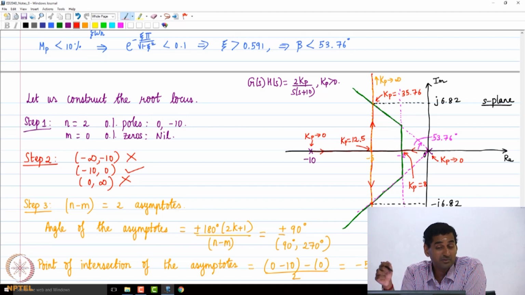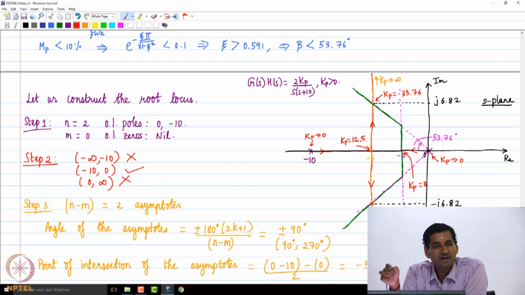Because please remember, how did we get the desired region of closed loop poles to begin with? By using the step response of an underdamped second order system. For an underdamped second order system, the poles should be complex conjugates. When are the poles complex conjugates as per the root locus here? When Kp is greater than 12.5.